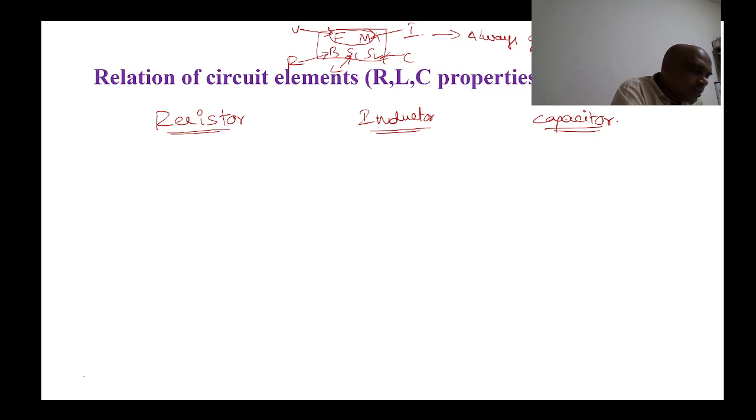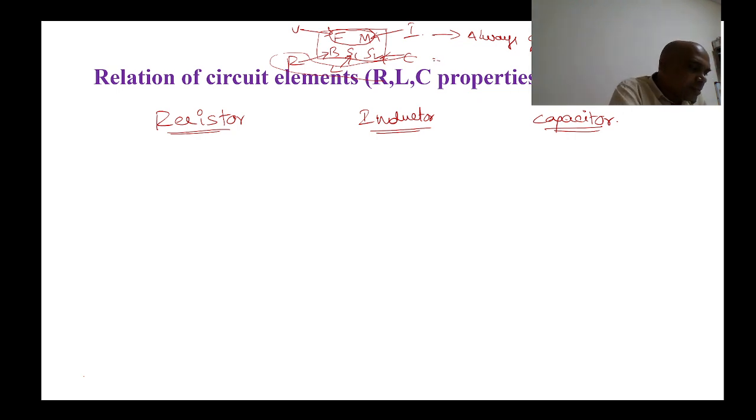Outside means these components, RLC components. So, voltage and current sources always deliver the energy. That's why voltage and current sources are known as active elements. Active means always delivering, giving.